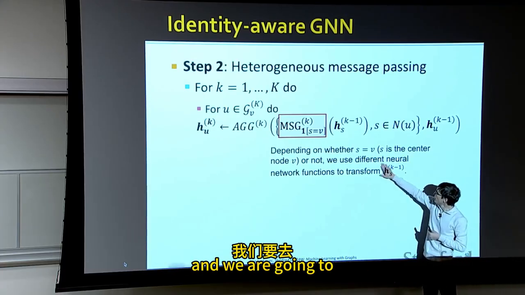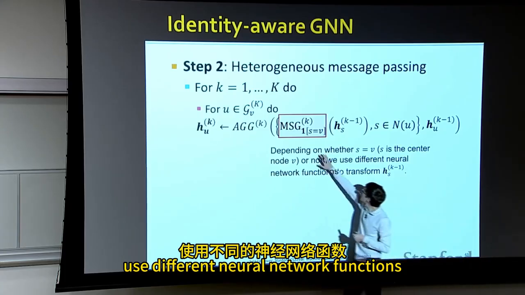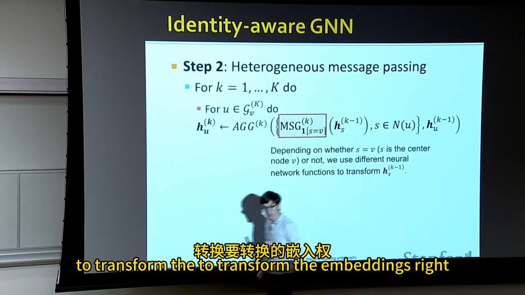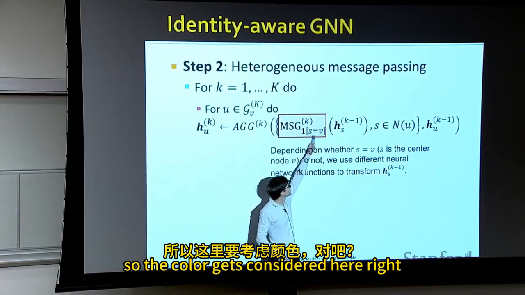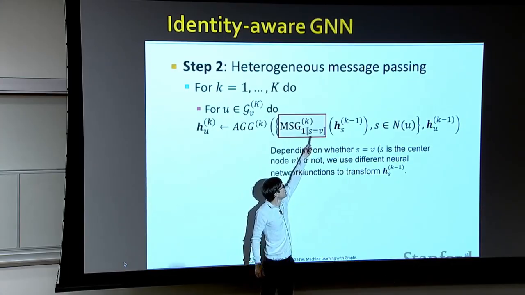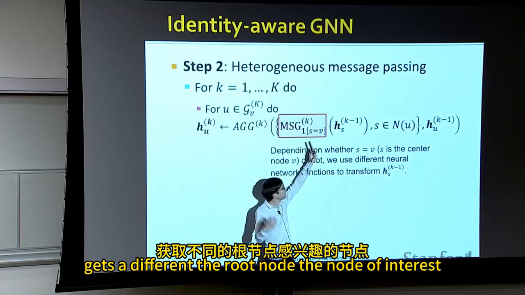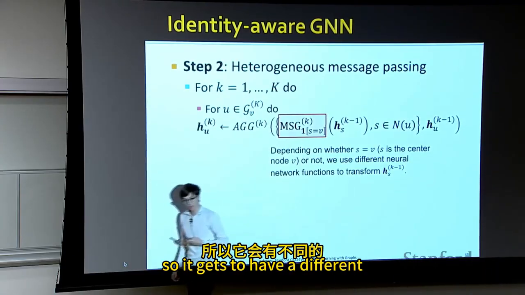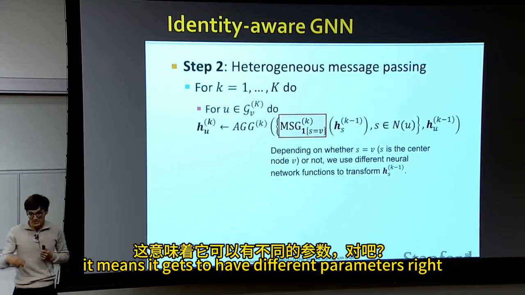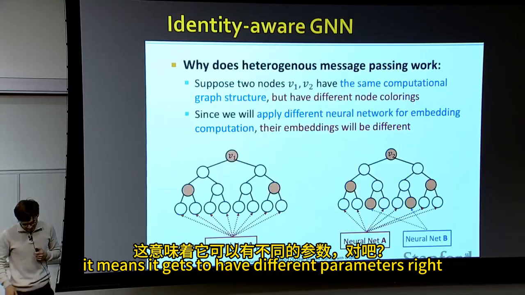We are going to use different neural network functions to transform the embeddings, right? So the color gets considered here. The root node, the node of interest, gets a different color, so it gets a different message function. It means it gets different parameters.